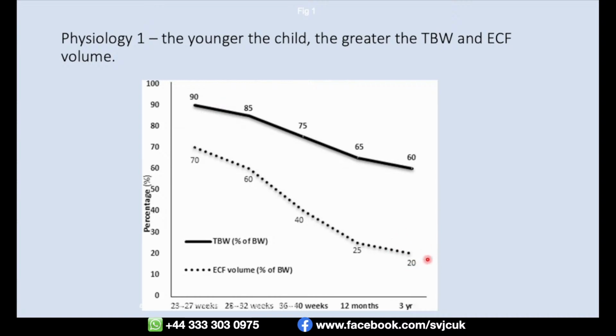Again, in a 3-year-old, in terms of extracellular fluid volume, the minority of their water is extracellular, but in neonates and up into preterm neonates, the majority of their water is extracellular.